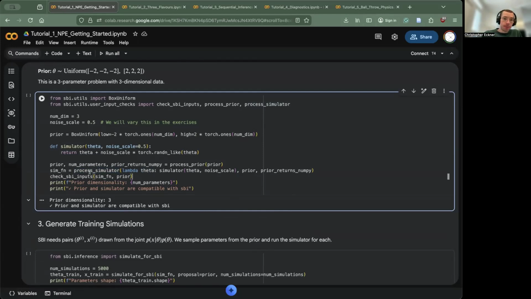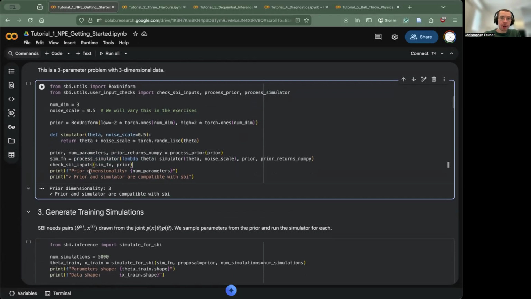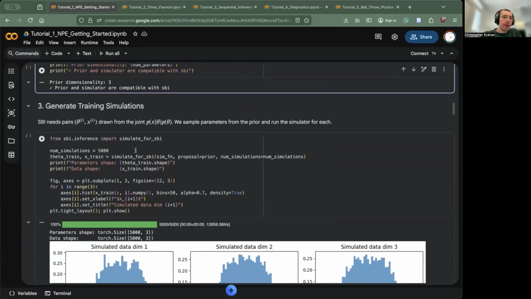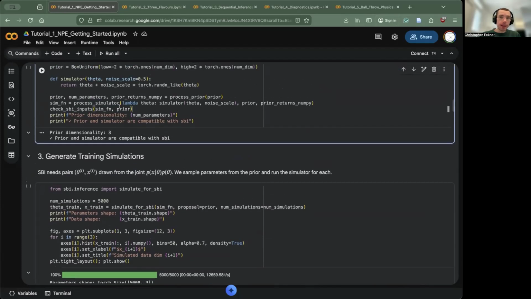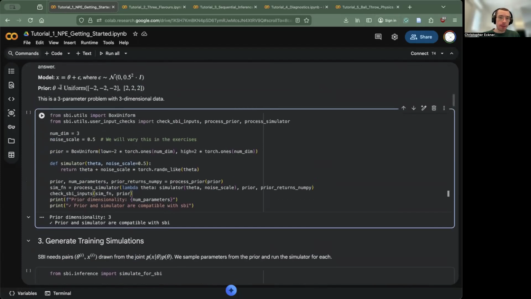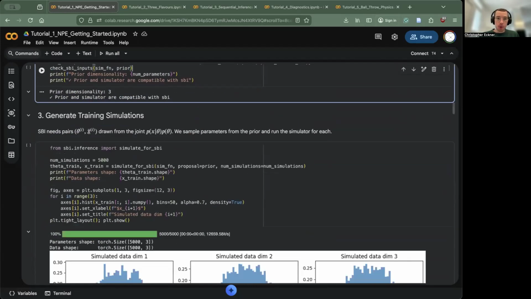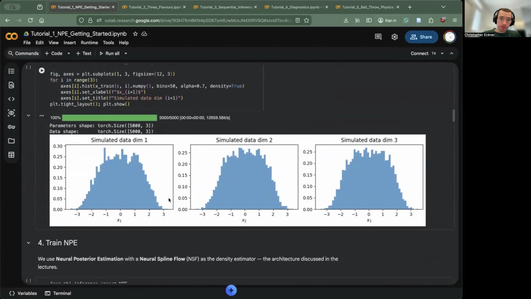Then you do the simulation and generate training data. How many samples do we need? That depends on the case. Let's just simulate 5,000 samples from the simulator. Here it will sample this parameter theta 5,000 times and add some Gaussian noise around it.